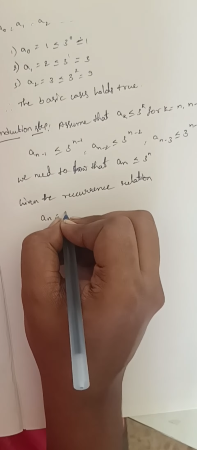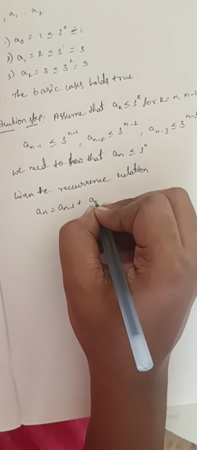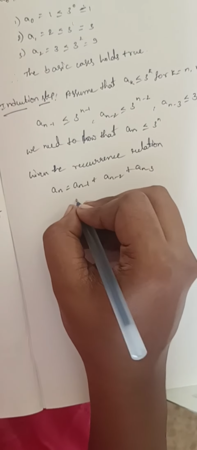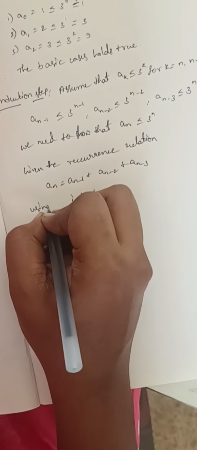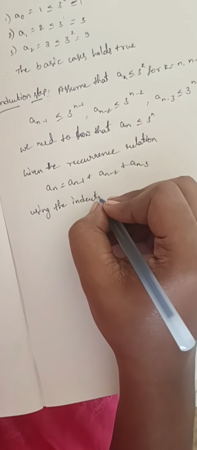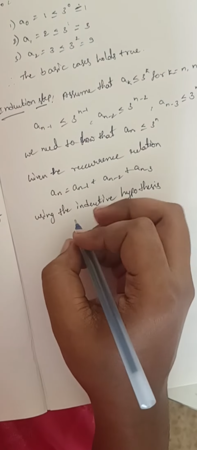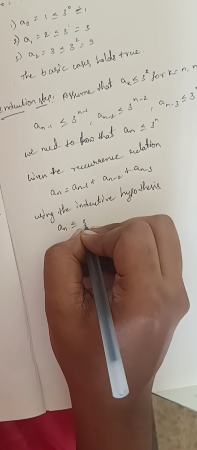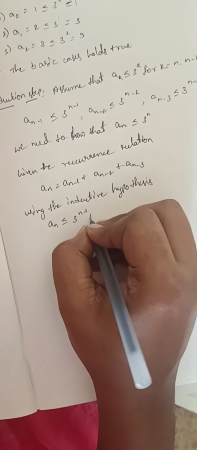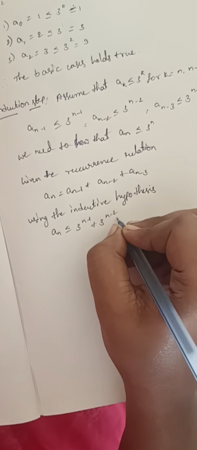an equals a(n minus 1) plus a(n minus 2) plus a(n minus 3). Using the inductive hypothesis, an is less than or equal to 3 power (n minus 1) plus 3 power (n minus 2) plus 3 power (n minus 3).